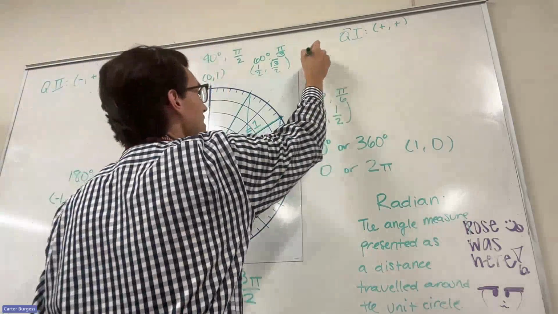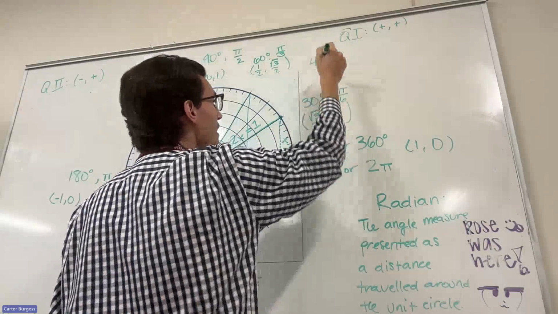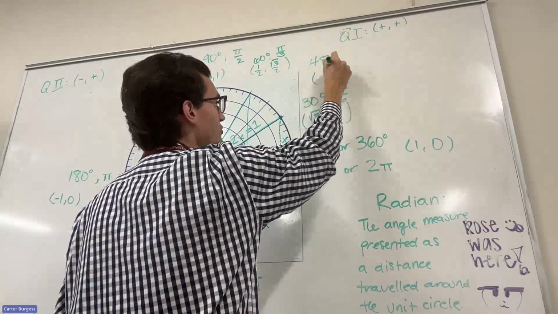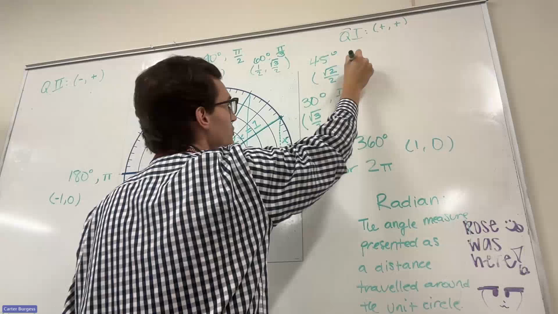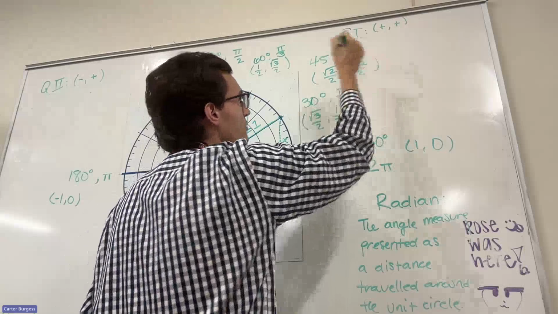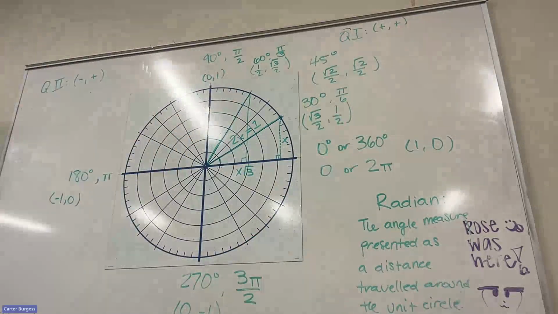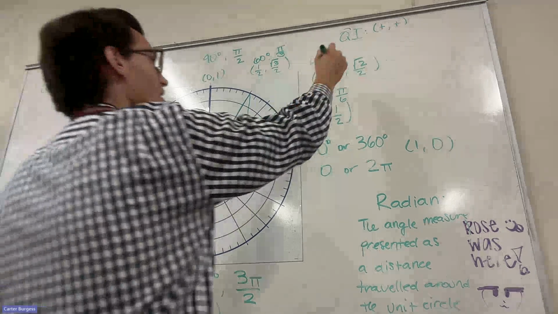Okay, so this was, we said 45 degrees. We said our point here was root 2 over 2, root 2 over 2. 45-degree rotation would be how much of a full rotation? 1/8. So what would 1/8 of 2 pi be? Pi over 4.